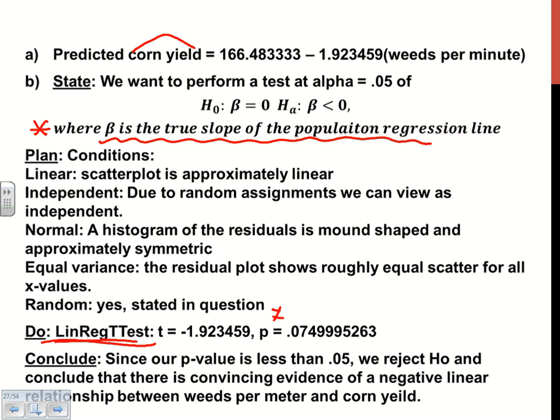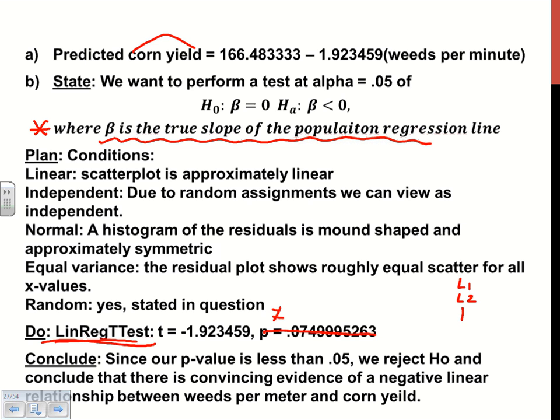Yeah, so this p-value was when it was not equal to. So let me go back so I can tell you a little better.